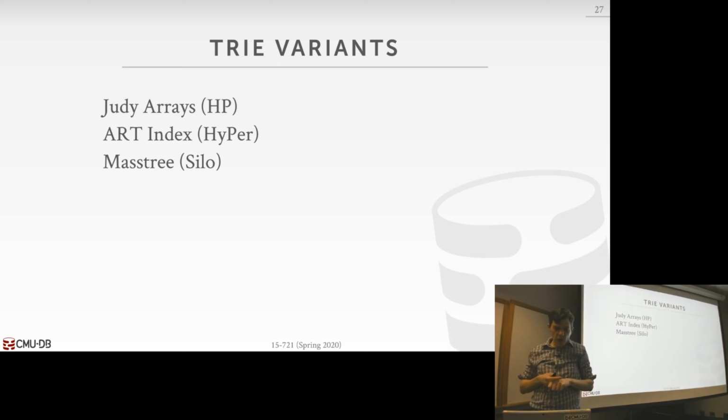Okay, so the Judy array and the ART index will both be 256-way tries. That means the span, or the number of digits they're storing per node, will be 256. But the goal is to store them in a compressed way so we don't have to allocate all that memory to store 256 digits.